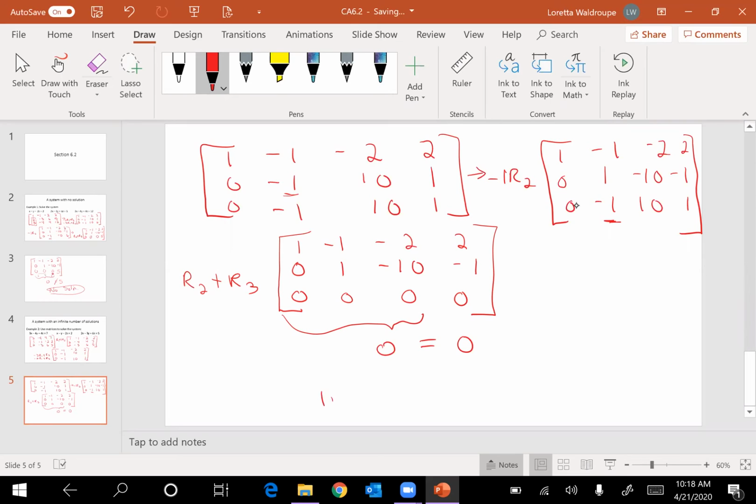So this has infinite solutions. To find those solutions, we're going to write these two equations out. I'm going to move this over here.